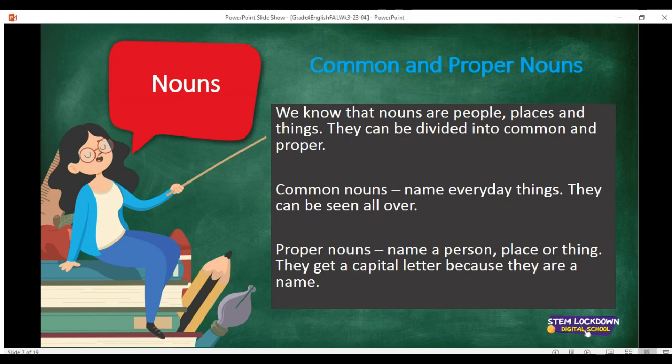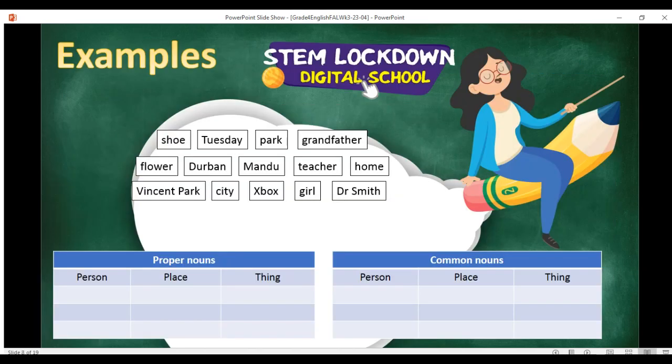So let's look at an example that we can do together. So you'll see that I've got some words in the blocks here.